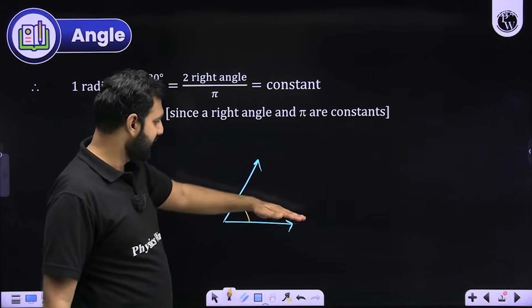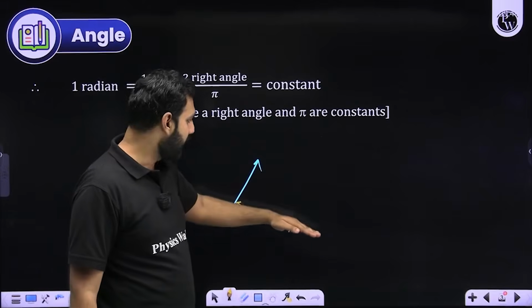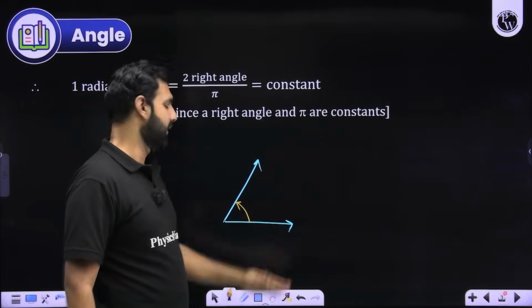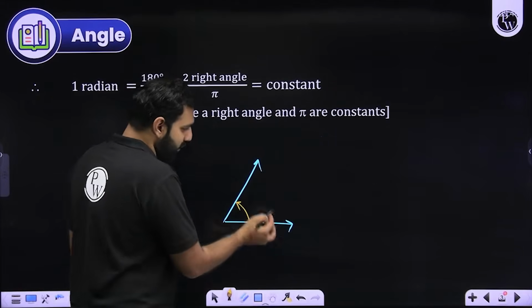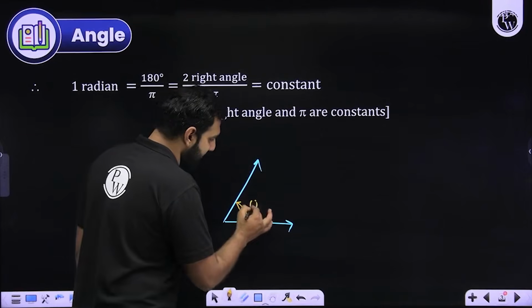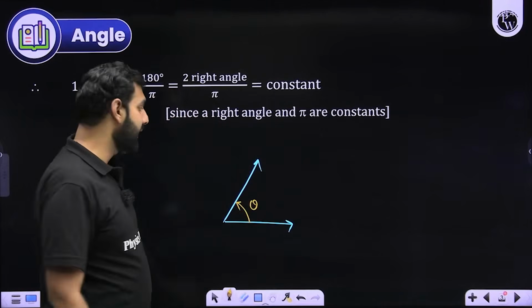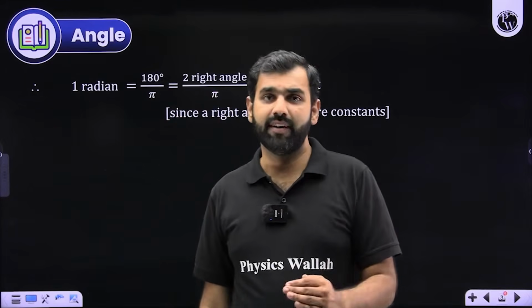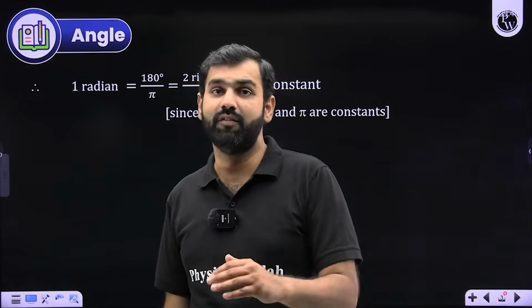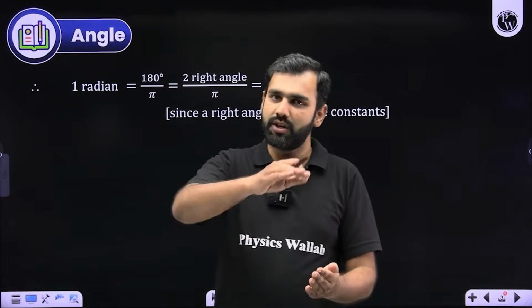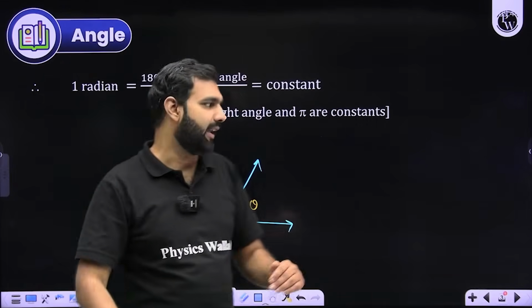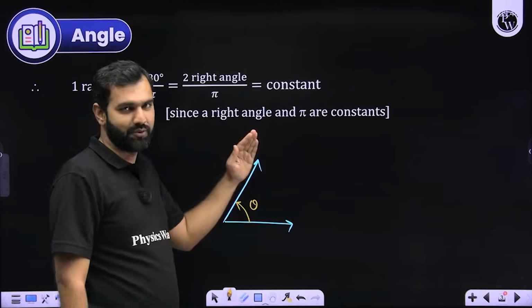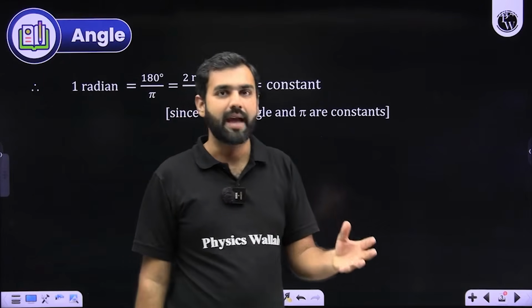So let's say this is the initial position and this is the final position of this line. This final position with respect to this initial position is inclined at a certain angle. Now that angle could be 30 degree, 45 degree, 60 degree, or any angle. So that is how you measure the inclination of a line with respect to other line. So final position with respect to initial position is measured, and that's how you measure the angles.